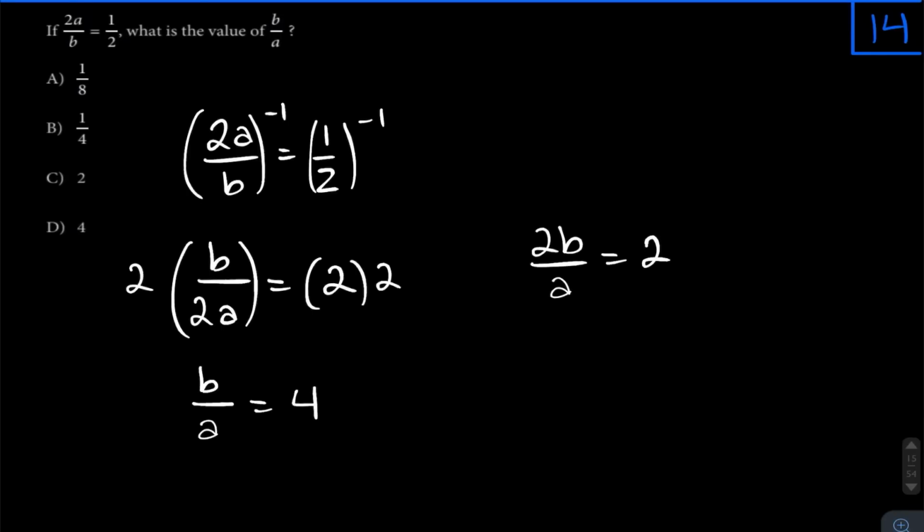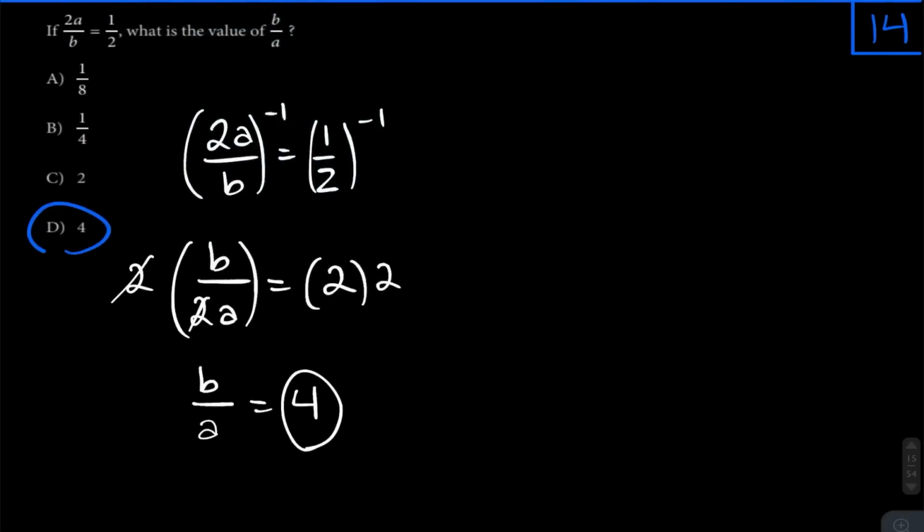Would you know to divide by 2? That's what you would have to do on both sides, divide by 2, to get rid of the 2's. It's the same thing here. Instead of dividing by 2, you have a 2 in the denominator, so you multiply by 2 to cancel out. In the end, you get b over a is 4, and that's choice D.